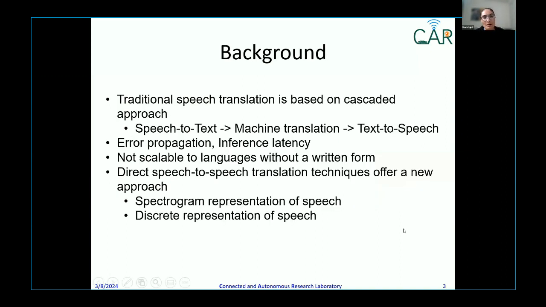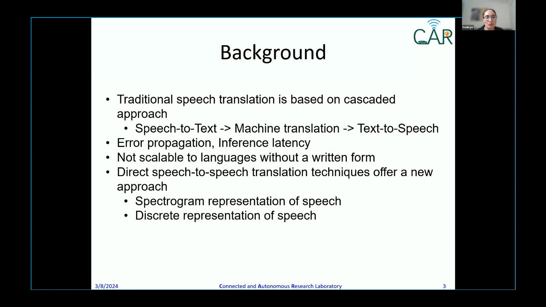Starting with the background. Our paper is called Direct Speech-to-Speech Translation. Speech translation currently is done using different subcomponents. So basically there's a pipeline. First we take the speech in the source language that we want to translate, and we convert that speech to text in that language using a speech-to-text model.